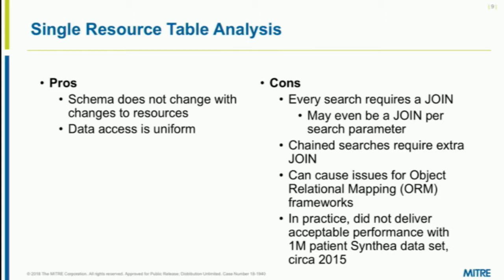Some of them probably handle this better than others. And when we were trying this circa 2015, what we found is that the performance just wasn't acceptable. Again, we haven't kicked the tires on this recently, but speaking to James, he's saying they've made massive improvements in the performance of HAPI. So please don't take that as as relevant a statement in 2018.